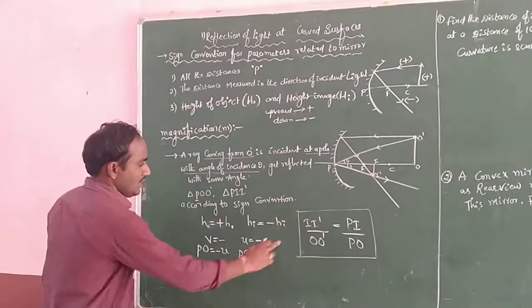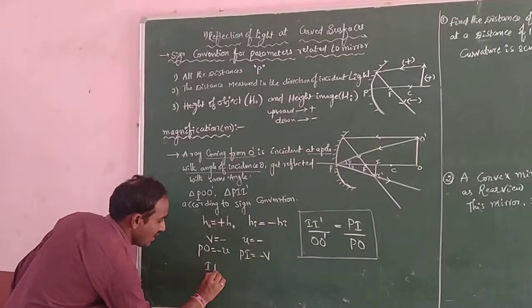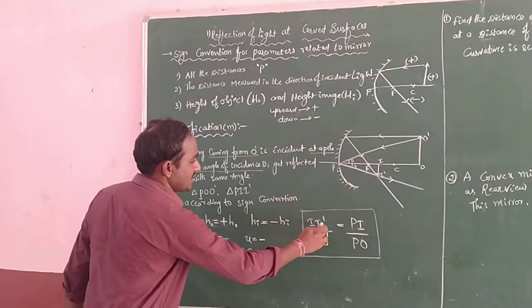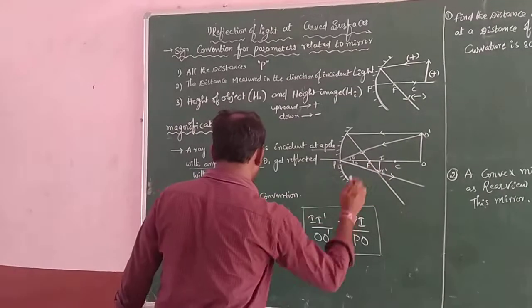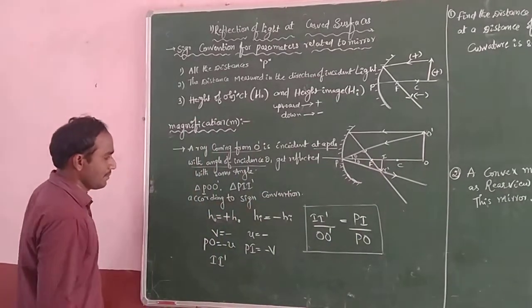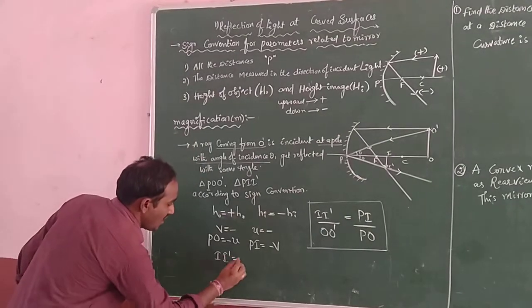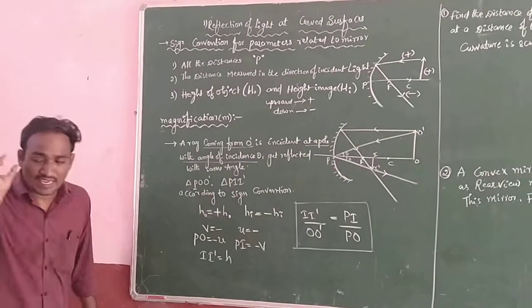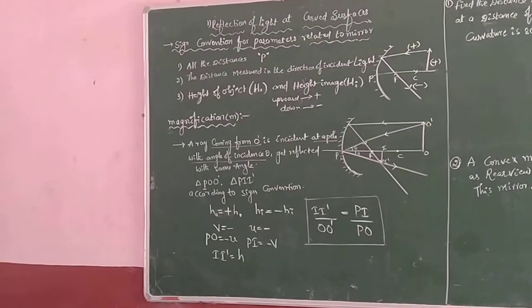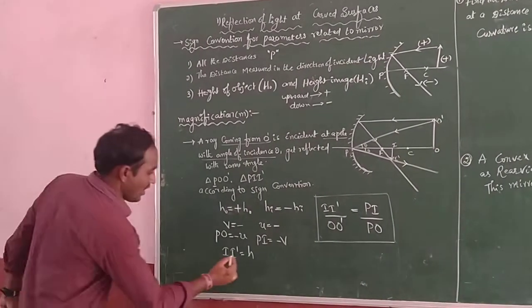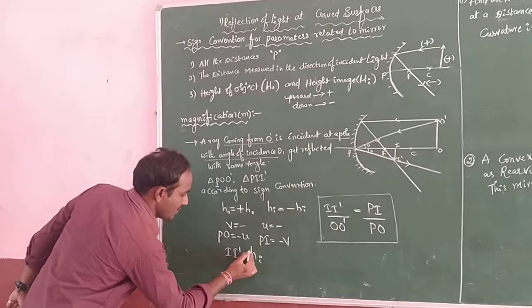And I dash represents the image height, so we take it as HI, which is also minus.